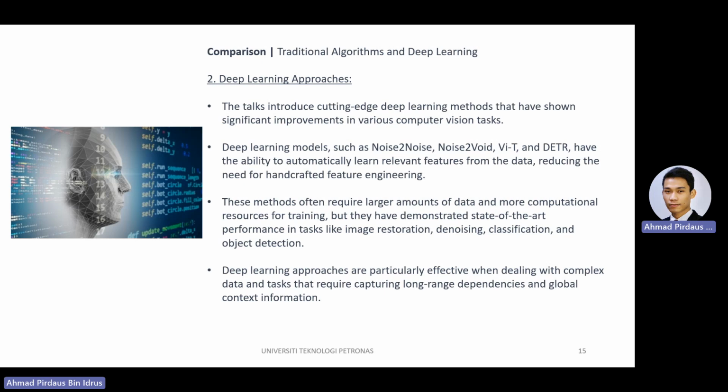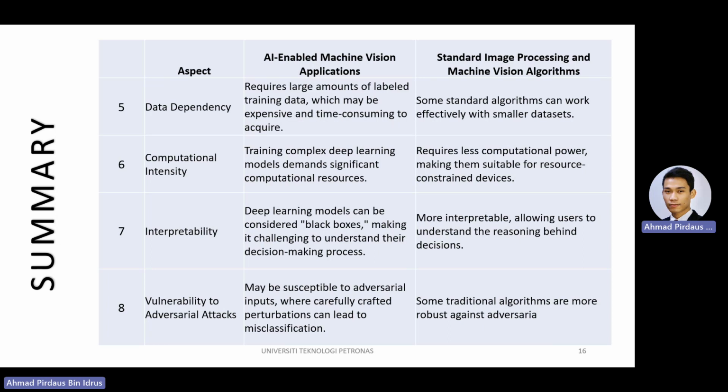These methods often require a larger amount of data and more computational resources for training, but they have demonstrated state-of-the-art performance in tasks like image restoration, denoising, classification, and object detection. Deep learning approaches are particularly effective when dealing with complex data and tasks that require capturing long-range dependencies and global context information.